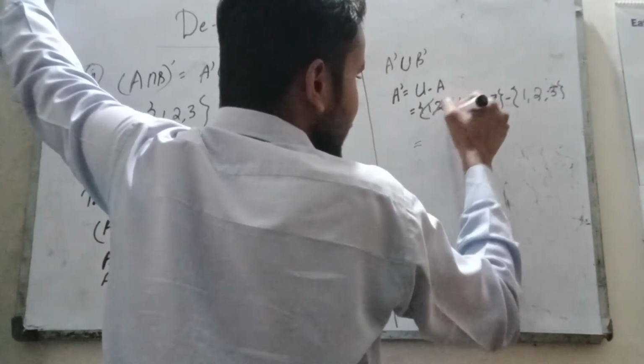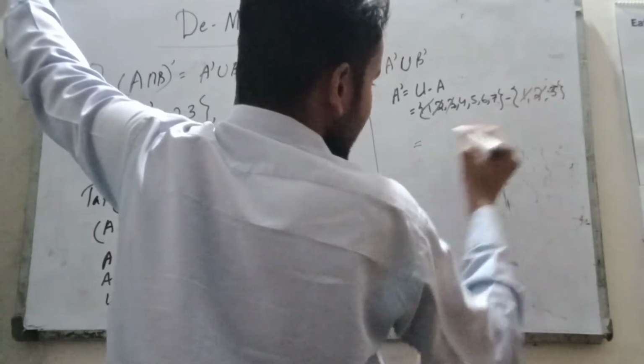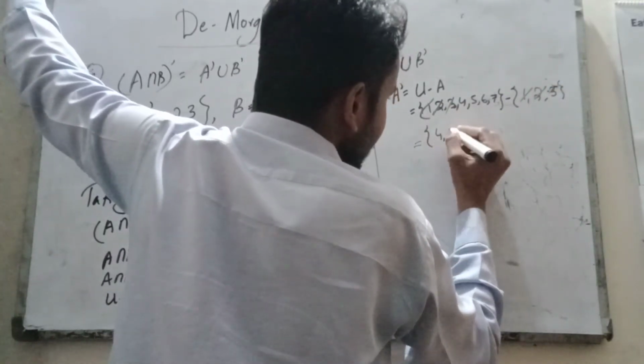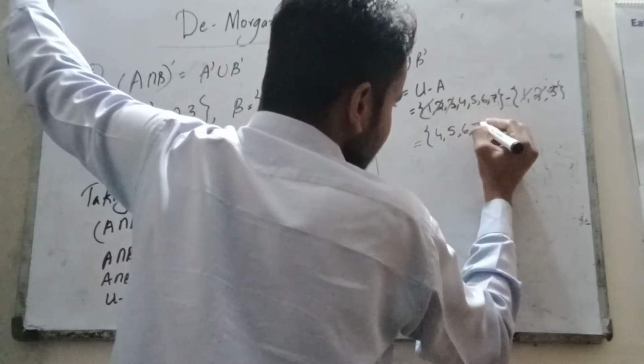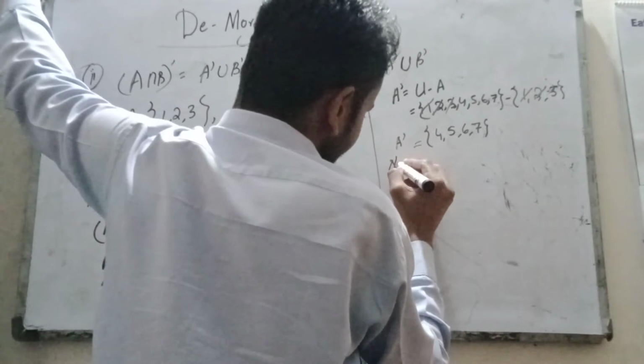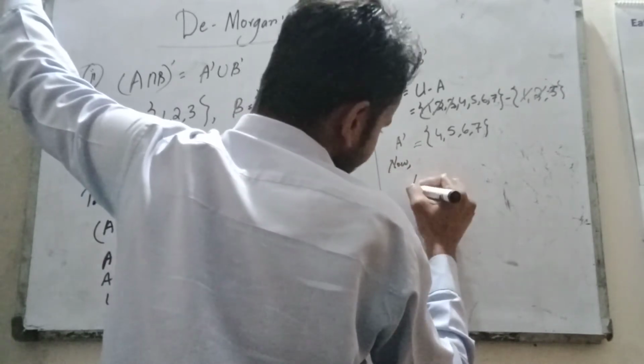So 1 2 3 removed. So what is the remaining value? 4 5 6 and 7. This is A complement.